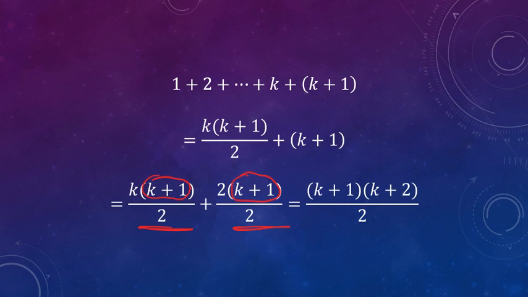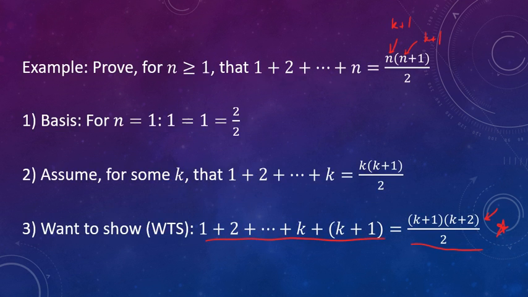So after you have completed the third and final step, typically we just write a quick little few words just saying, therefore, this statement right here is true via mathematical induction. Or you could say, therefore, the fact is true, or therefore, the statement is true.